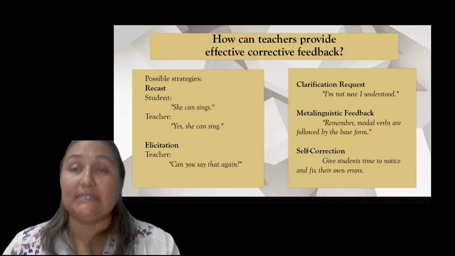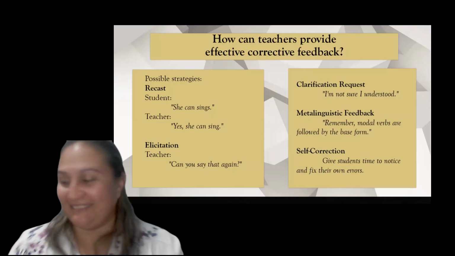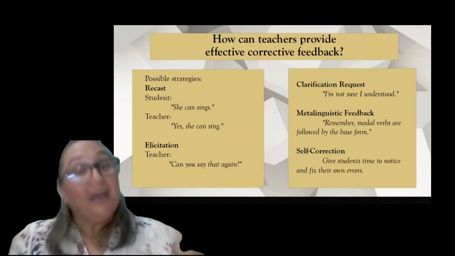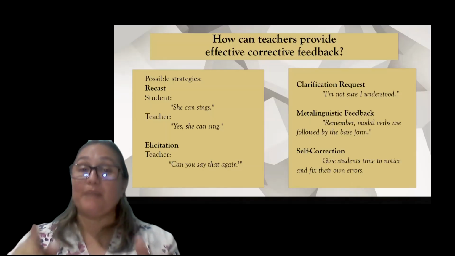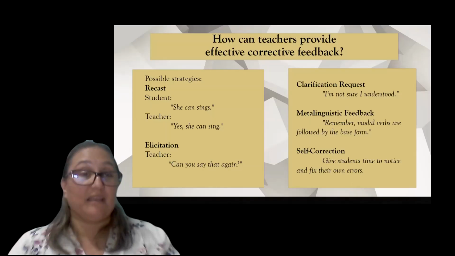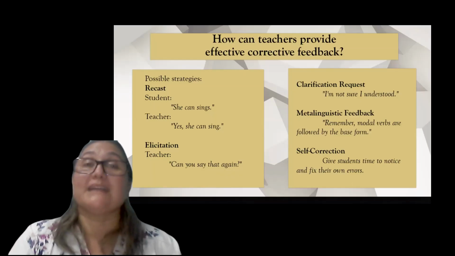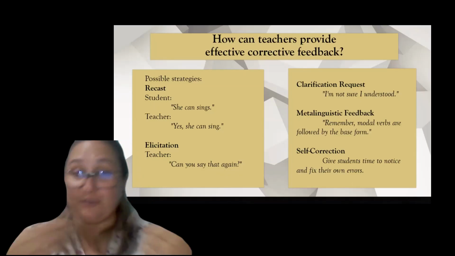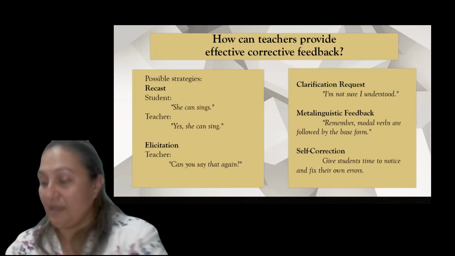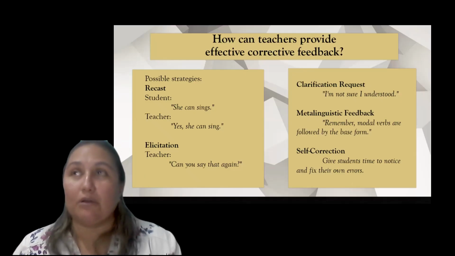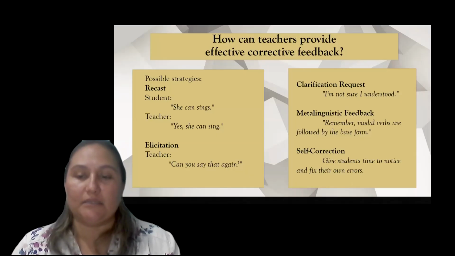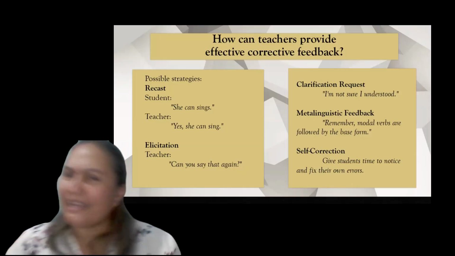I can in the park run. Good job. Thank you, Carol. But remember, class, modal verbs are followed by the base form. Can you do that again, please, Carol? Oh, yeah, sure. So I can run in the park. I can run in the park.